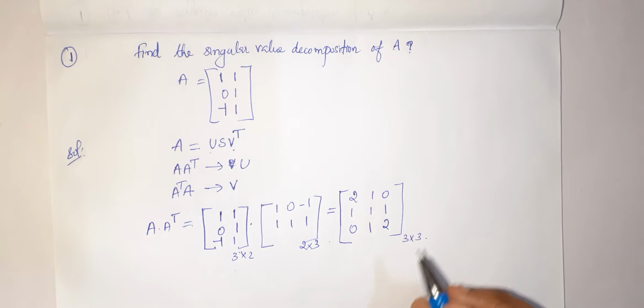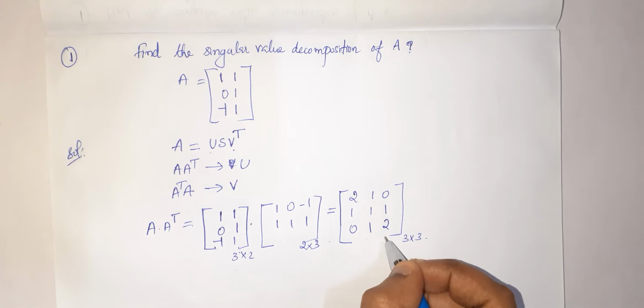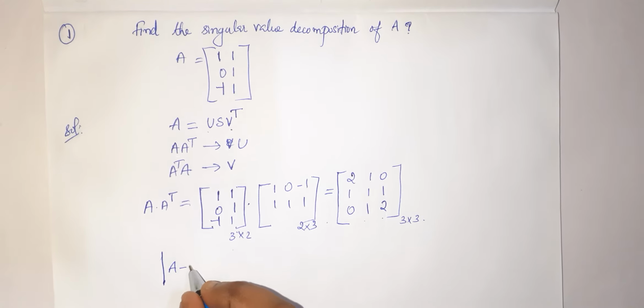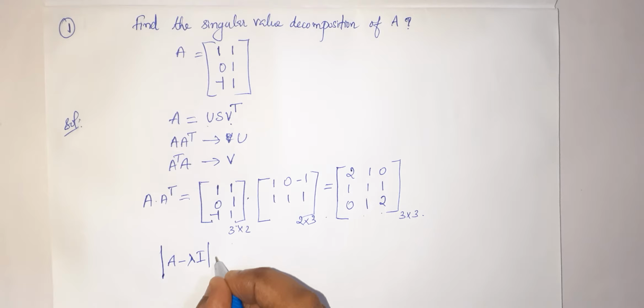Next we have to find the eigenvalues of this matrix. So our characteristic equation is modulus of A minus lambda I equal to 0. So substitute this matrix in place of A, and an identity matrix.